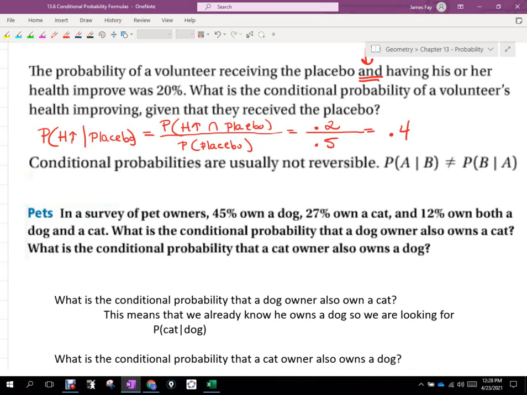So if you think about that, what that tells me is that 40% of people had a psychological reaction that kickstarted a chemical reaction in their body that made their health improve. We had 90% of people that were given an actual drug and their health improved. Does that make sense?